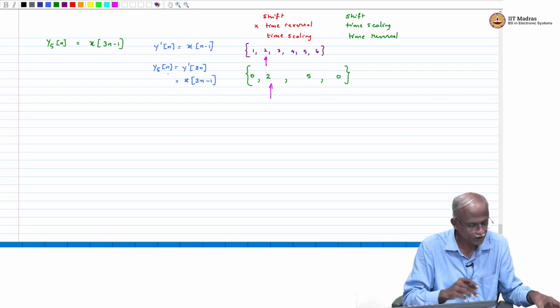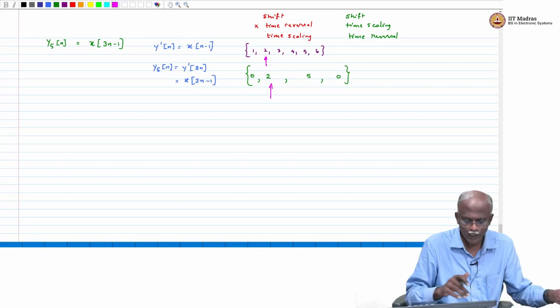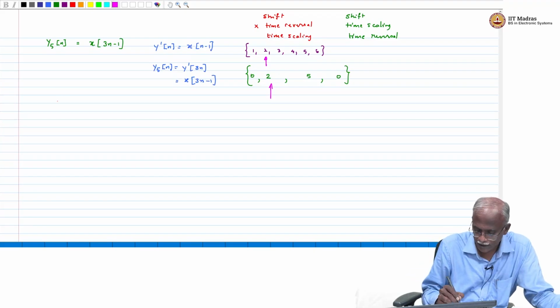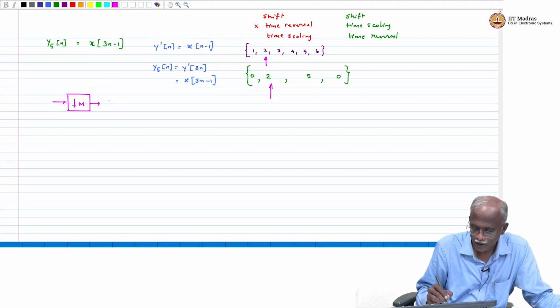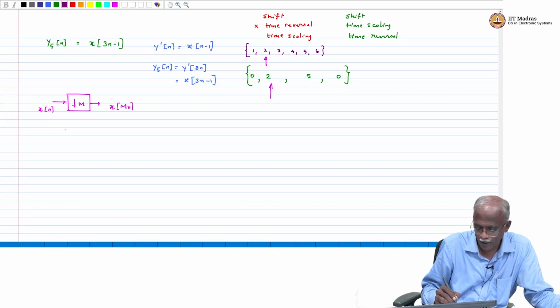So this operation is the downsampling operation. If this is x of n, this is x of mn. The counterpart of this is the upsampling operation.